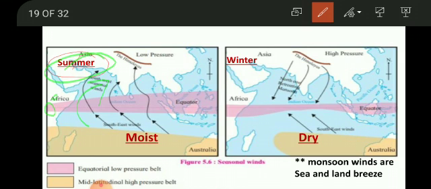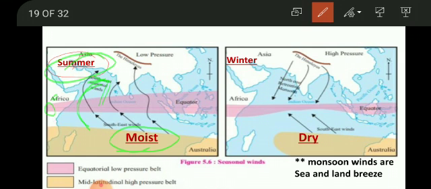So there will be high pressure. From high pressure to low pressure the winds are blowing. So the first picture shows the monsoons or the seasonal wind during the summer season. Here they are moist. They are carrying the precipitation. All the precipitation in the Indian subcontinent is caused by this.